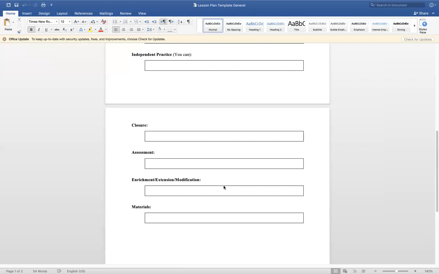Sometimes it's okay to have some kind of reward, but I wouldn't use this as a reward system.